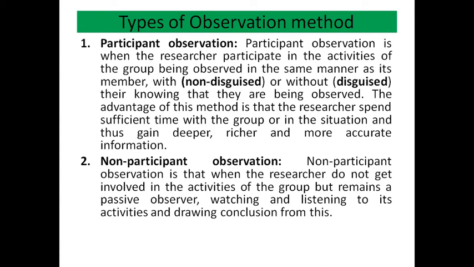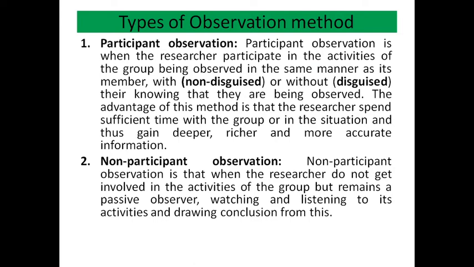Now, in participant observation, there are again two types. One is non-disguised. Non-disguised means it is known to the people who are being observed that the observer is observing them. And the disguised method is the opposite of the non-disguised form.